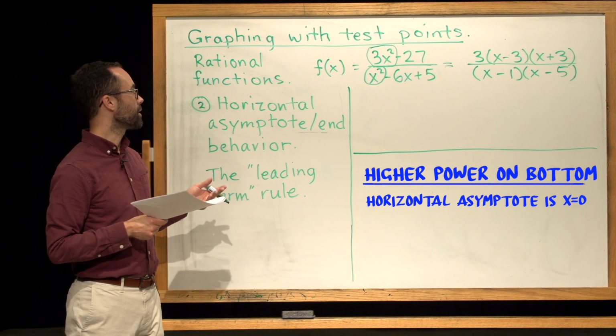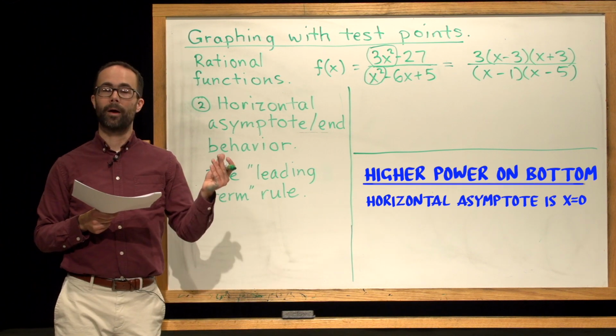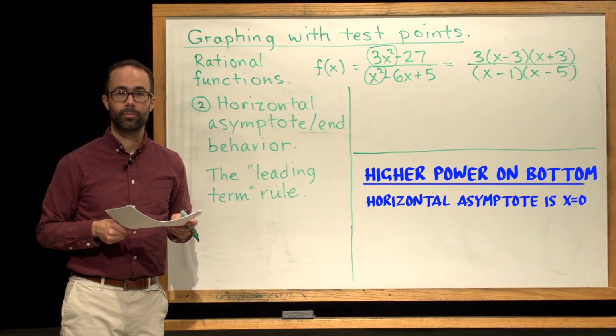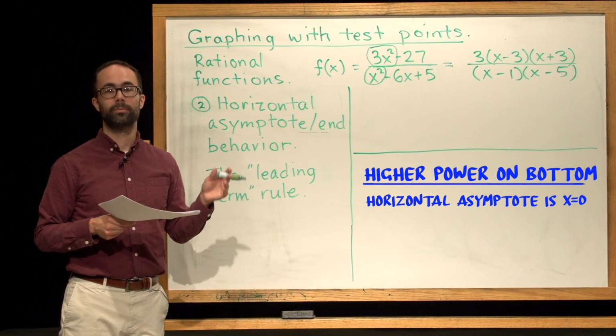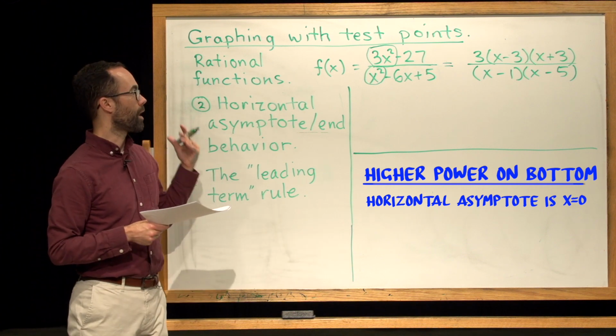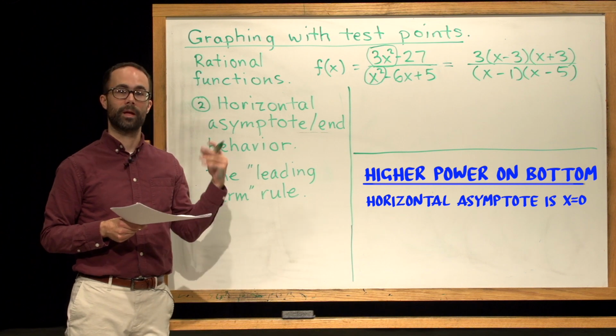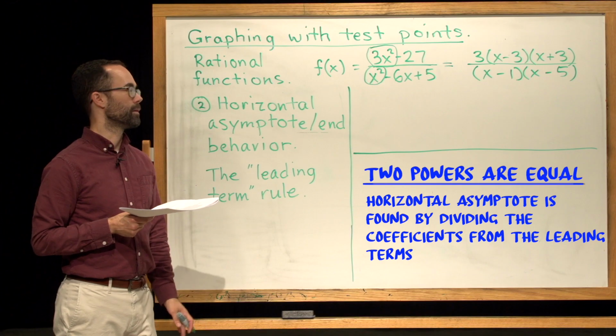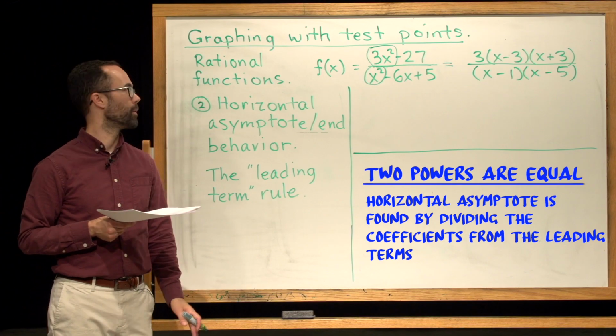And then the third thing that could happen is you have a higher power of x on the bottom. And in that case, we know that the horizontal asymptote, regardless, will be 0. So if you do have a higher power of x on the bottom, just know that horizontal asymptote is always 0 in that case.